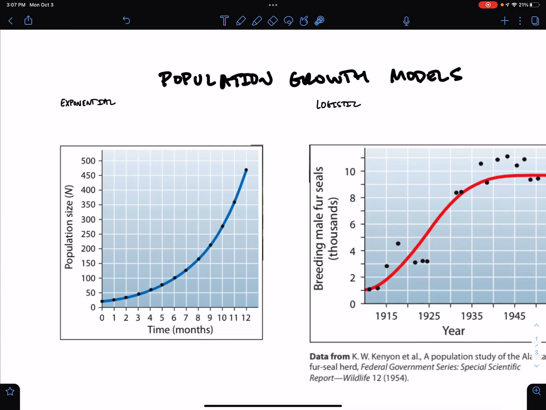So this form of growth starts out pretty slow, and then as the population numbers increase, the growth of our population starts to get faster and faster and faster.